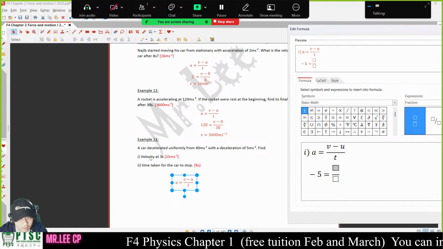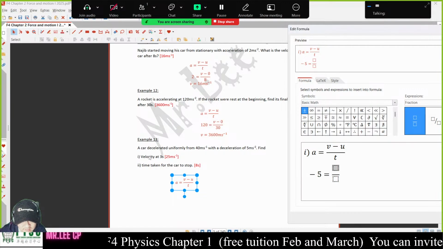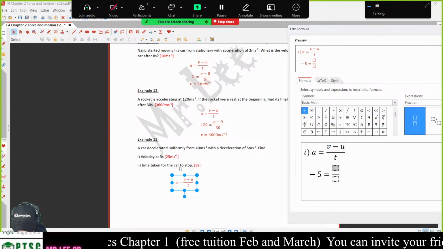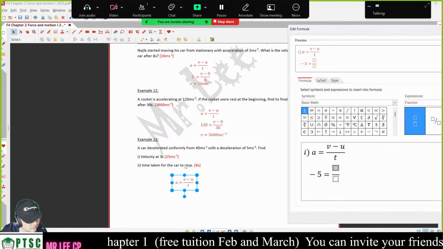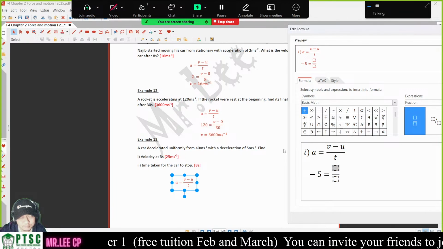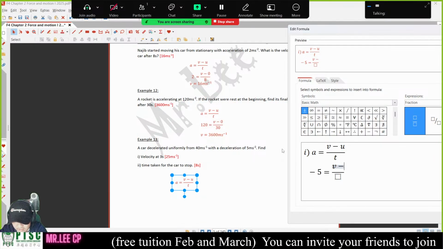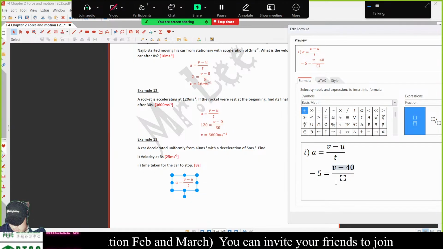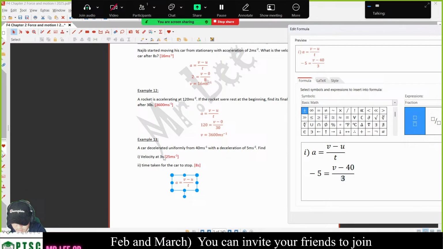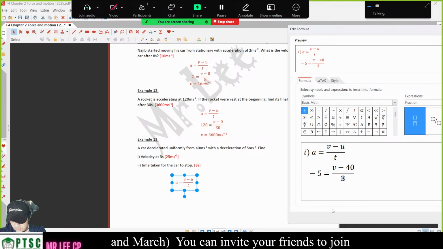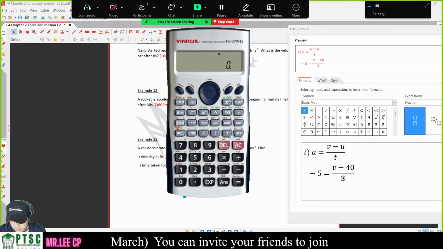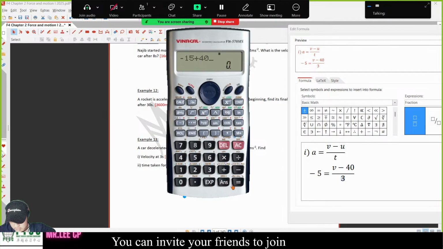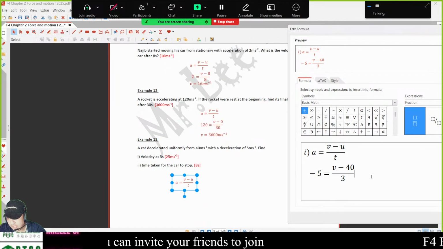You ask me, teacher, final velocity is it 0? The question is not telling me it has stopped. Only the second question says it is stopped. So here, not stopping yet. Over the time taken, 3 seconds. So 3 times 5, 15. Negative 15 plus 40, you get 25. So the final velocity is 25.